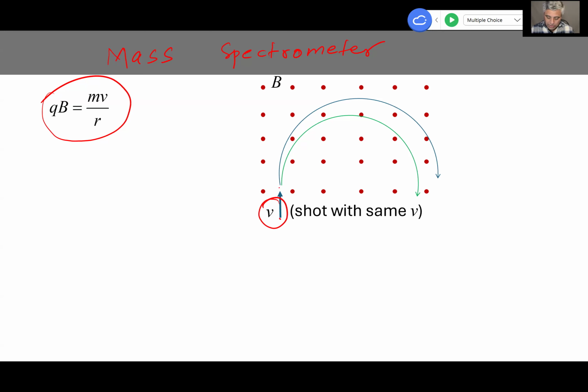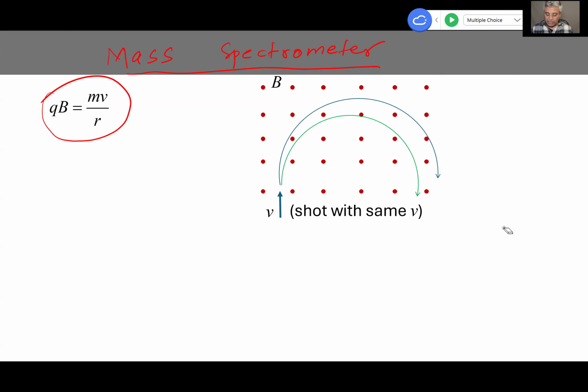Now, you shoot electrons with a certain speed. Let's say charges, I should say charges rather than electrons. This mass spectrometer helps us find the mass of the charges. Suppose you have different kinds of charges and you want to figure out which has the larger mass.